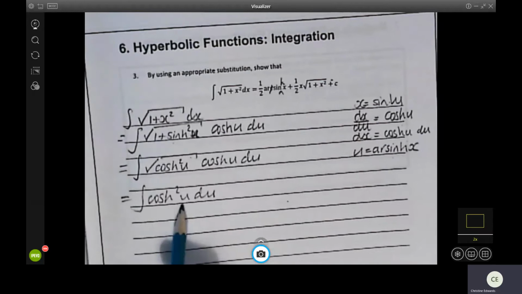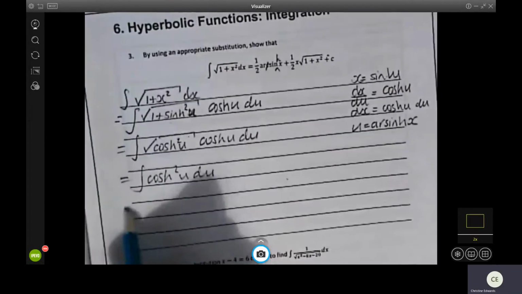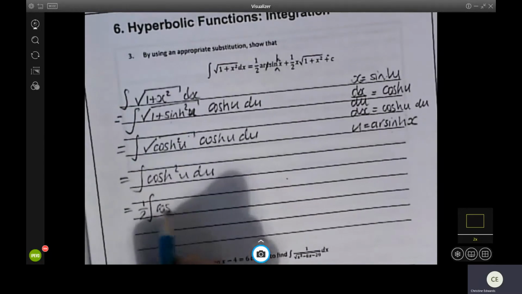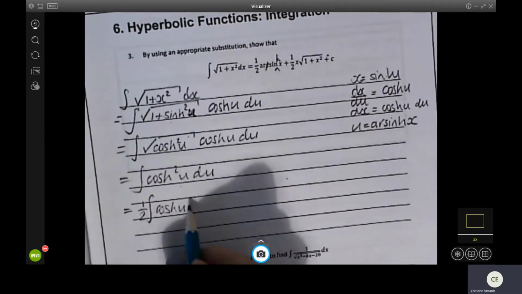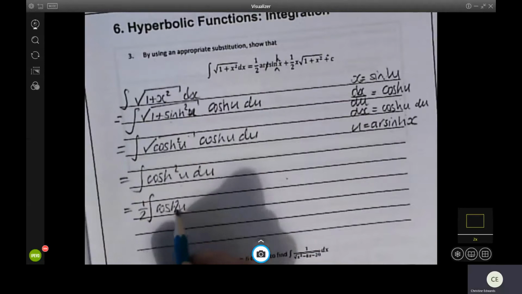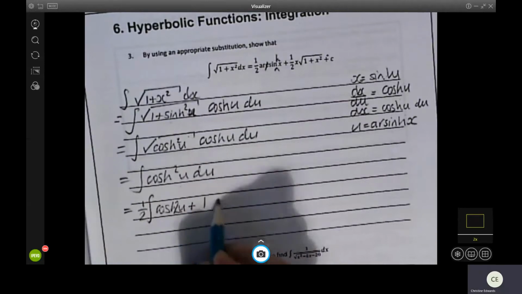I now have an expression that I know how to integrate. It's a double angle integration. So replacing the squared term with the double angle, we have a half cosh 2u plus 1 du.